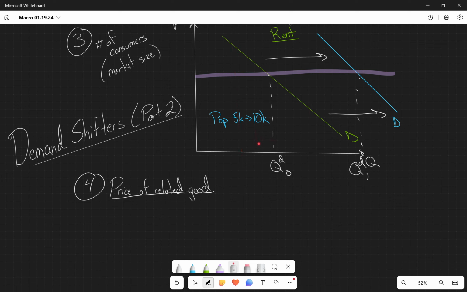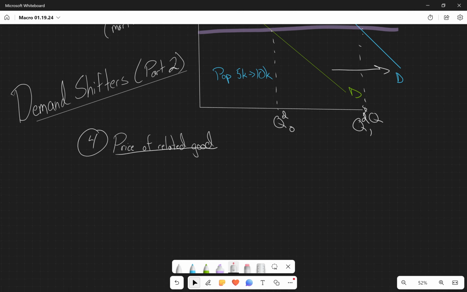And we talked about the things that actually shift that schedule of consumption. The last one we talked about was market size, the number of consumers. If the Shadron population doubled, demand for a simple thing like rent, apartments, or houses would increase.